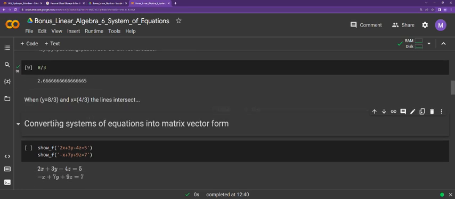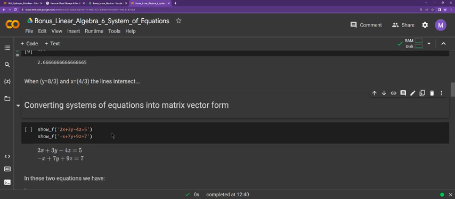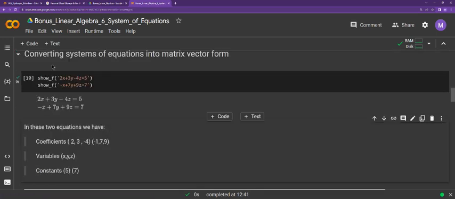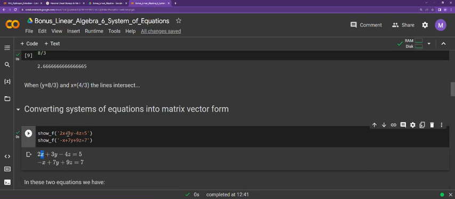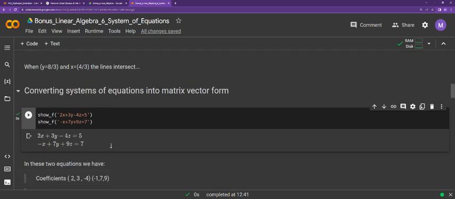Now, how do we convert a system of equations into matrix form? Let's look at these two formulas. I'm using the showf function that I just showed, and remember, I've already created x, y, and z as symbols, hence why I can do that. We have the first equation, which is 2x plus 3y minus 4z equals 5, and minus x plus 7y plus 9z equals 7.